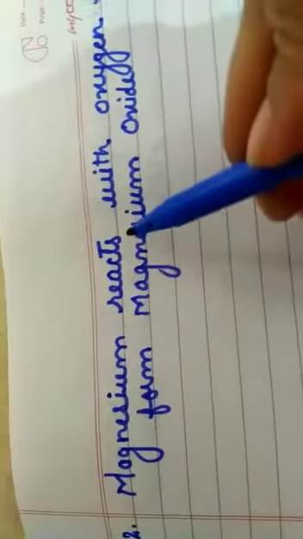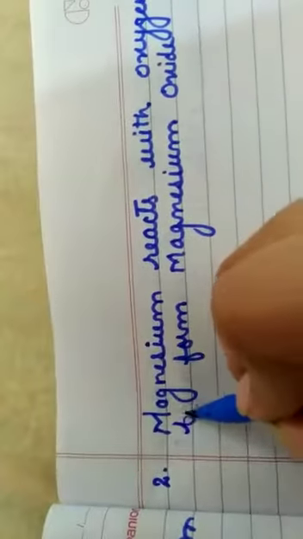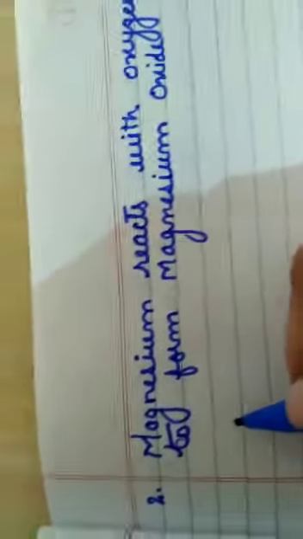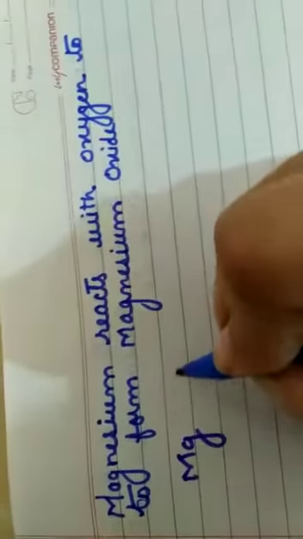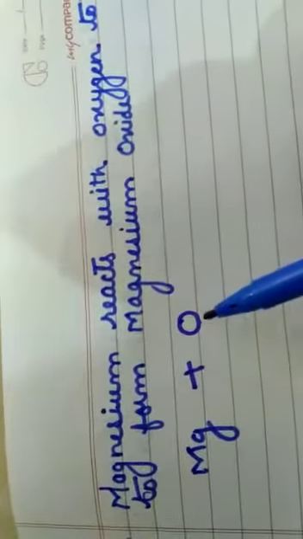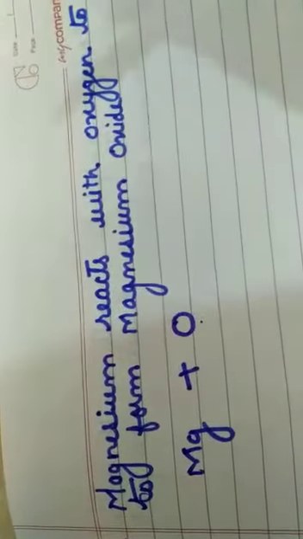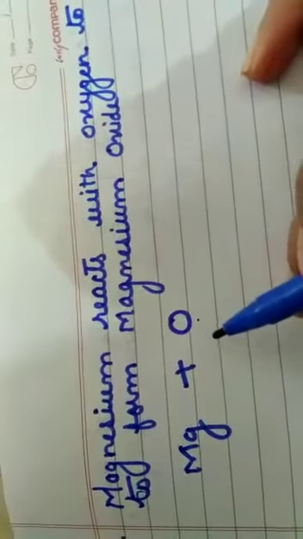Now, the next example is magnesium reacts with oxygen to form magnesium oxide. We know the symbol of magnesium is Mg, which reacts with oxygen. Please remember that whenever we are writing oxygen, don't write O, because oxygen never exists independently.